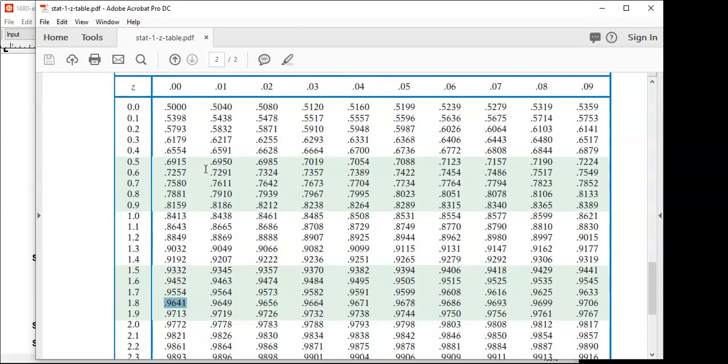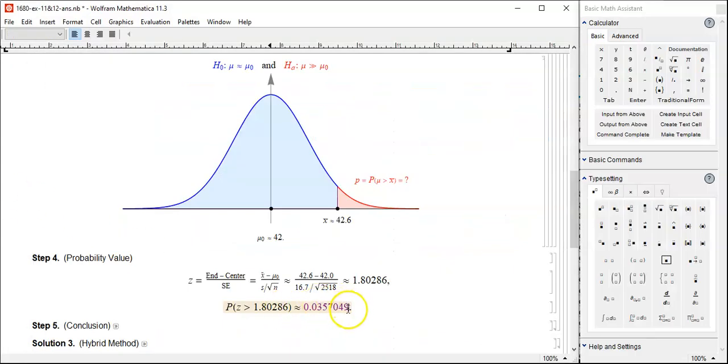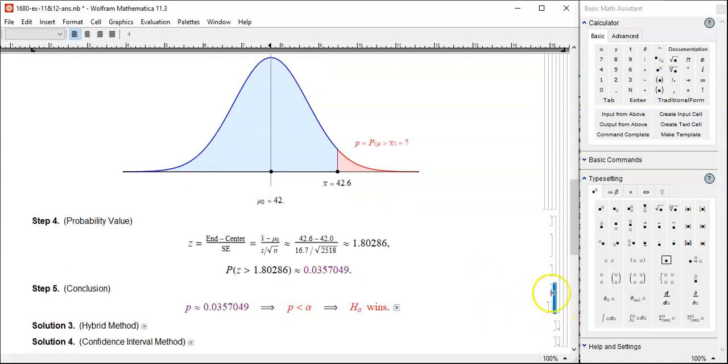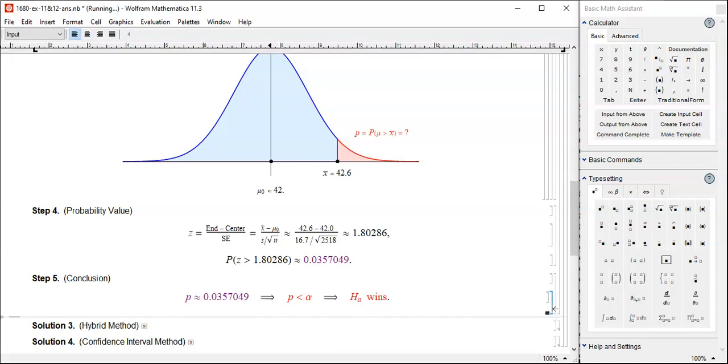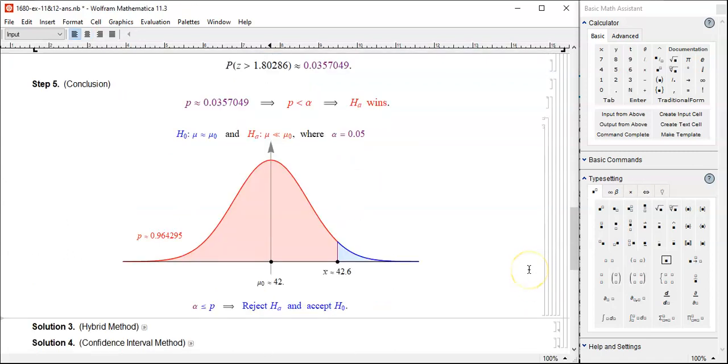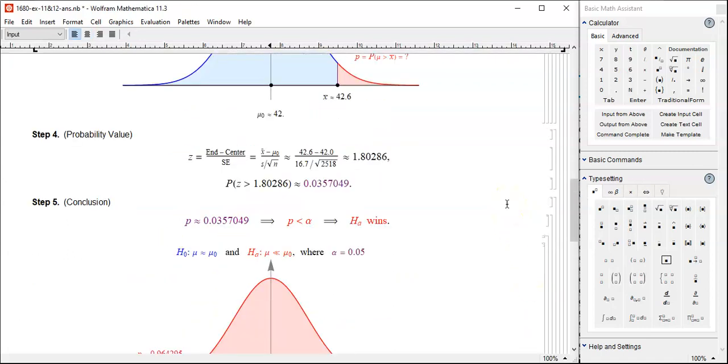That's the probability, but then again, that's not what you're looking for. It's the other. 1 minus 0.9641 is the one you want, and if you do that, you're going to get 0.035 something. And you can see that this is less than 5%, less than 0.05. Therefore, it's the alternative hypothesis. Alternative wins.